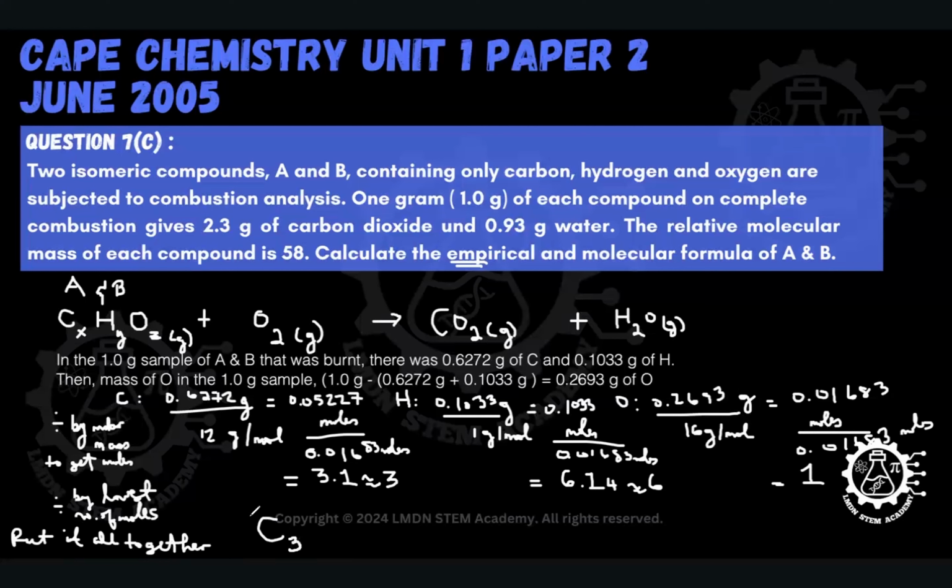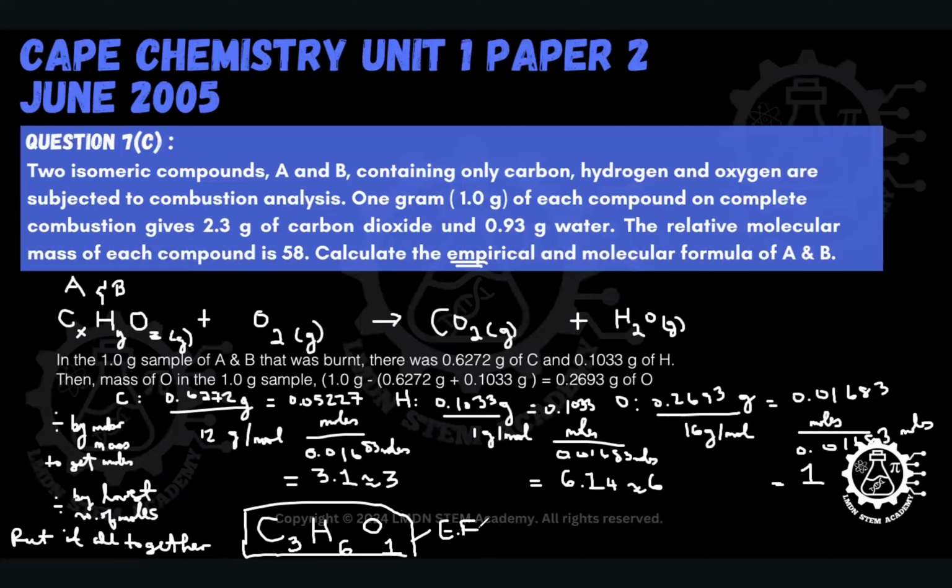There are 3 carbon atoms in the simplest whole number ratio. There are 6 hydrogen atoms, and then there is 1 oxygen atom. So this is our empirical formula.